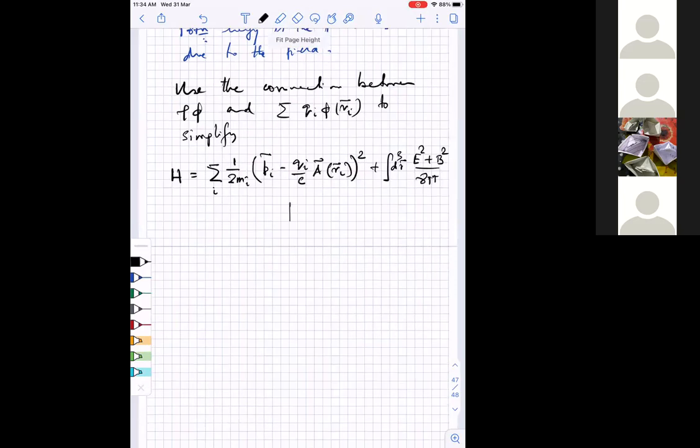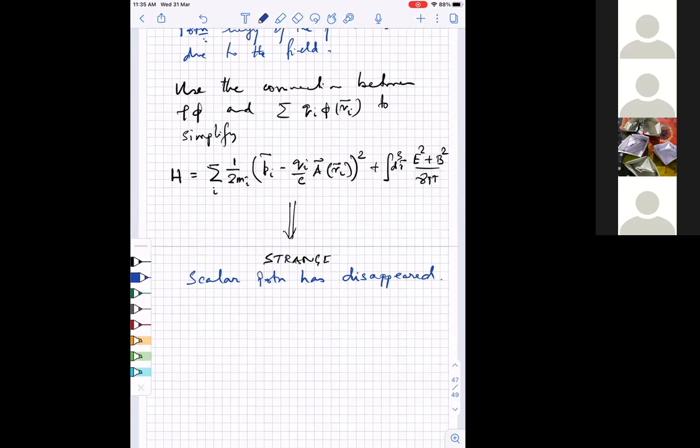So see, something strange has happened, right? The scalar potential has disappeared. So now we have an equation for an energy which does not have the scalar potential.